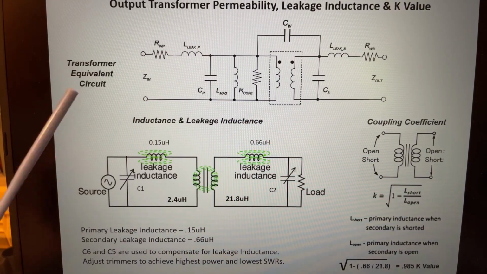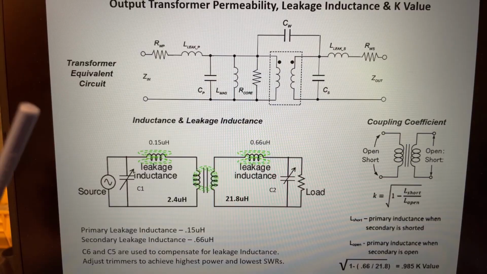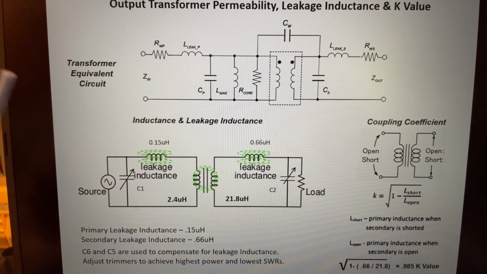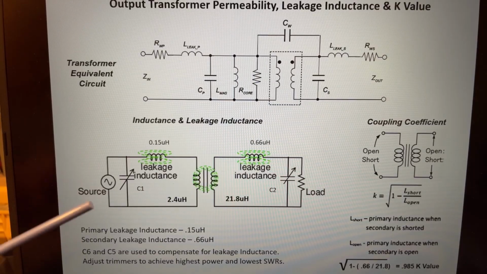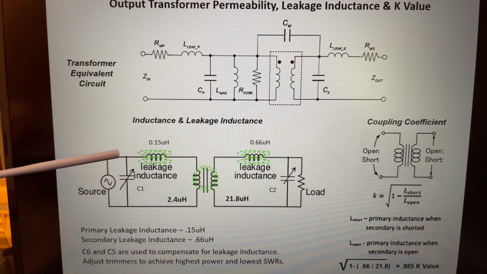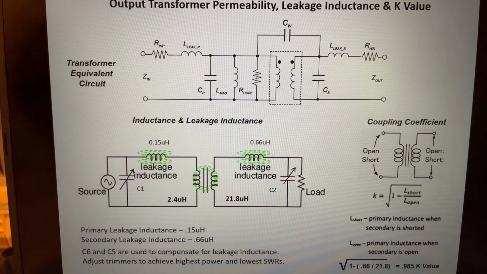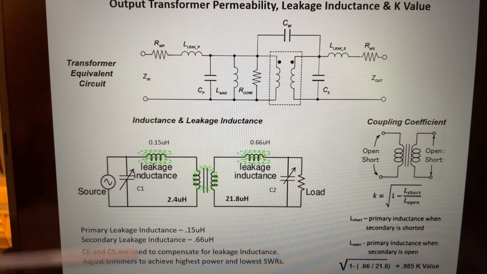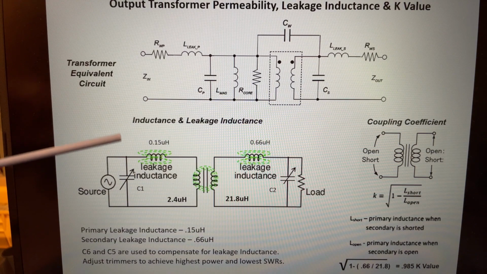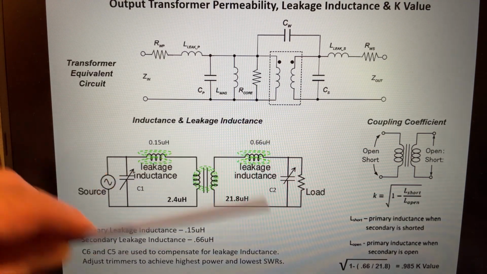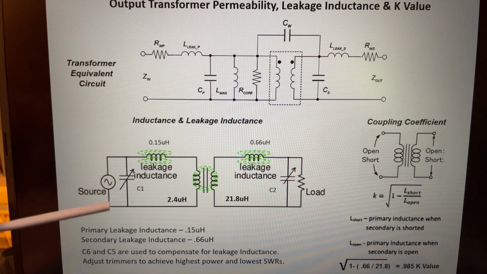And what does this leakage inductance do? It has an effect on our match, and we'll look at that in a little more detail when I get to the SPICE simulations and the following slides. But typically, we will use a tuning capacitor on the primary side and the secondary side, and there is a methodology that you can use to calculate these values and get very close.